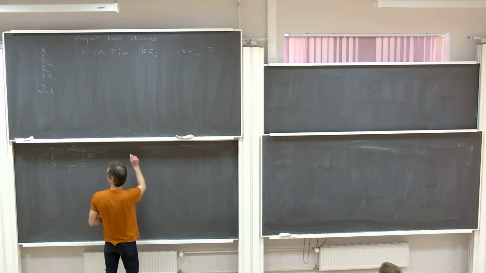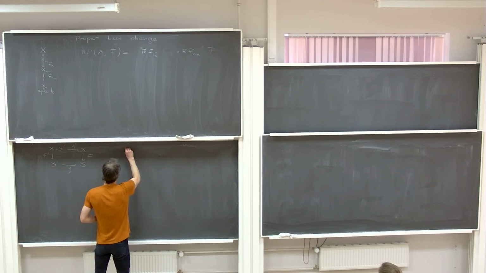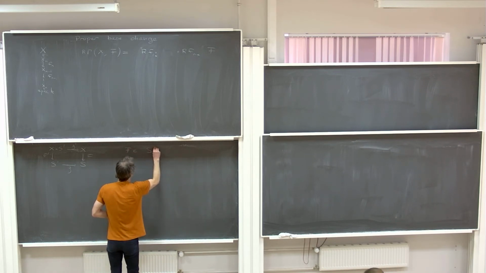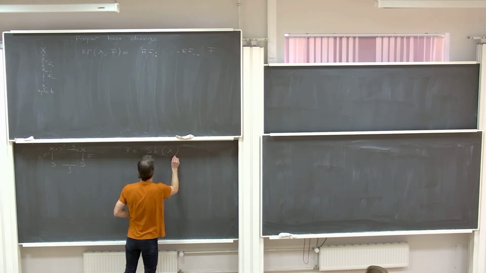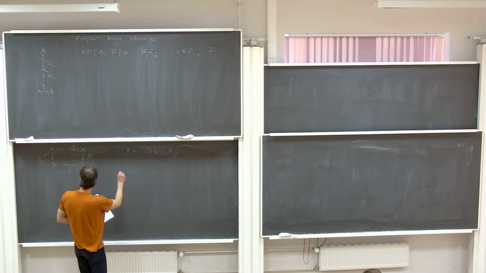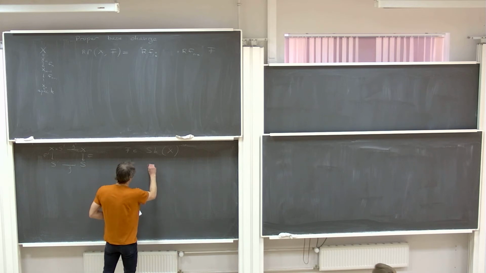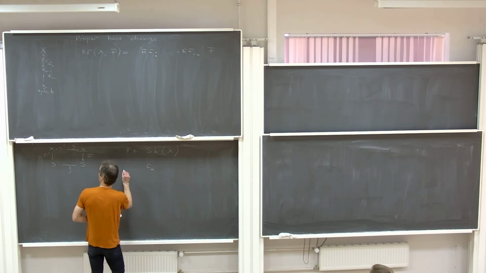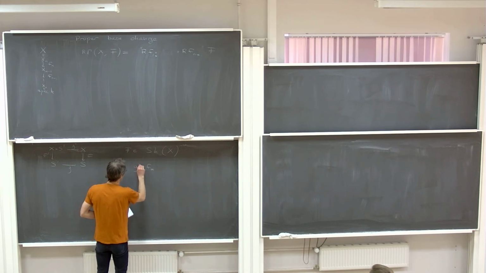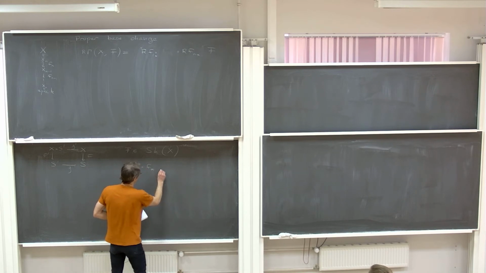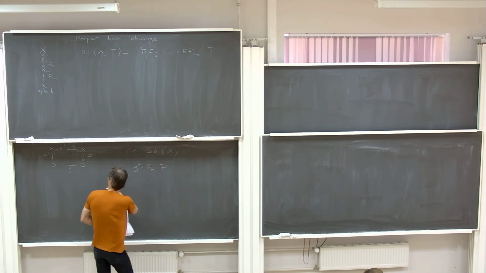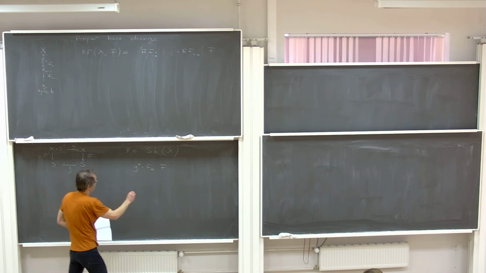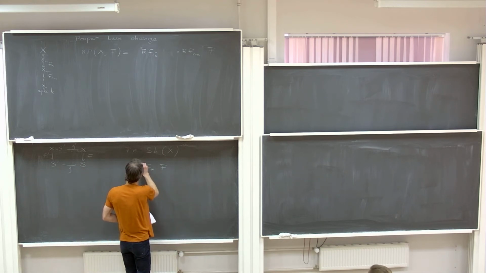Okay? So I claim that in this situation, I have a canonical map. I start with a sheaf F on X. And what I can do, I can take its direct image composed with the inverse image. Oh, sorry, this is g^{-1}.